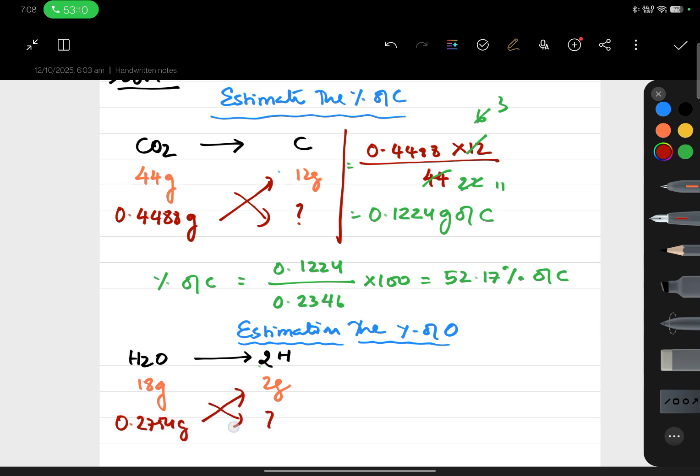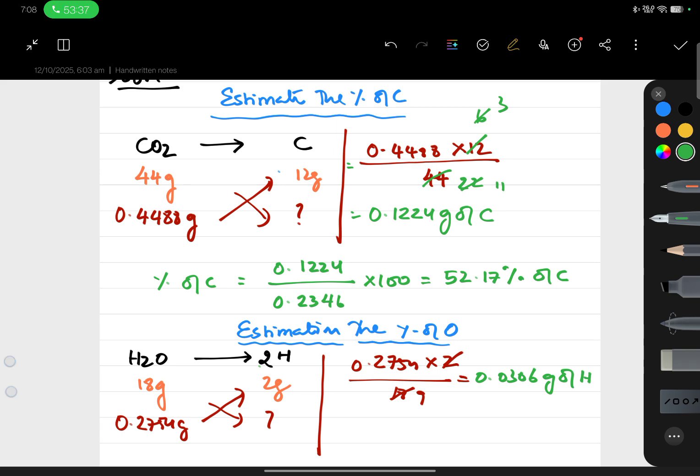So now do the cross multiplication. 0.2754 into 2 divided by 18. Cancel, this will become 9. So 0.2754 divided by 9. Correct? You'll get 0.0306 grams of hydrogen. Correct?